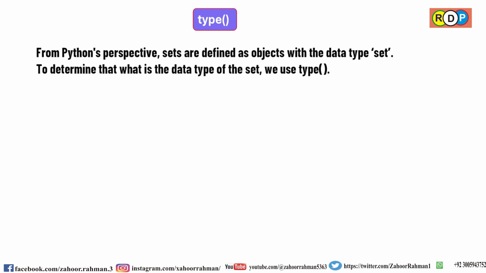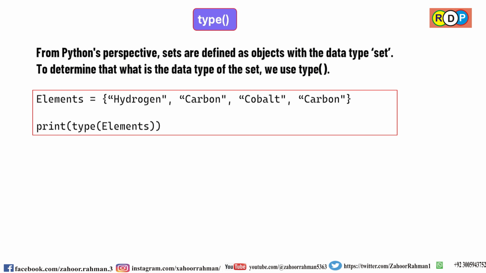From Python's perspective, sets are defined as objects with the data type set. To determine what the data type of the set is, we use type. Let us elaborate it with an example.